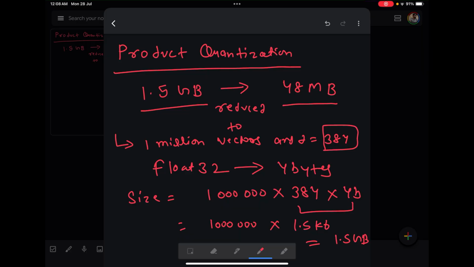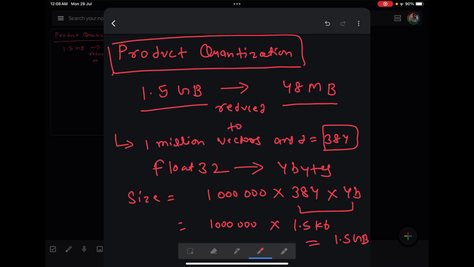So the topic of discussion for this particular video is how can I reduce this space from 1.5 GB to something less than that. There are many compression techniques, like we can do half precision and we can do int quantization, but here I'm discussing product quantization, which does a wonderful amount of quantization.